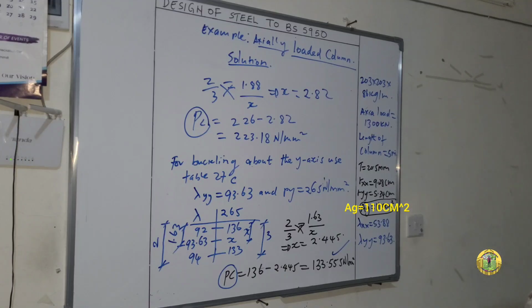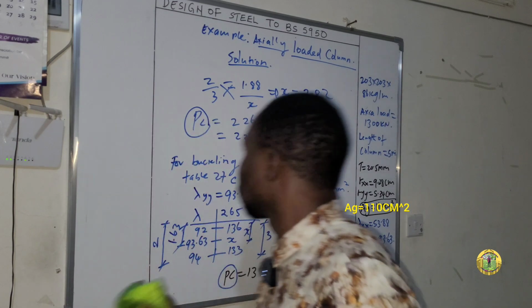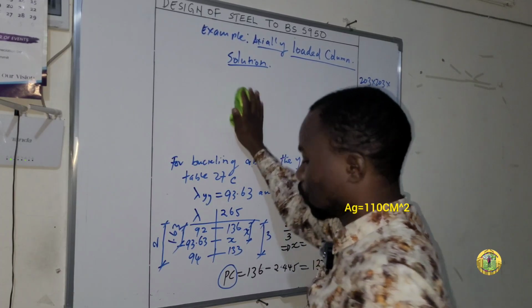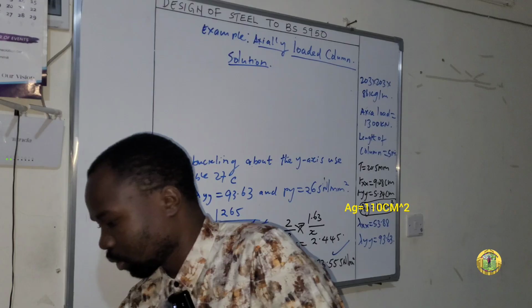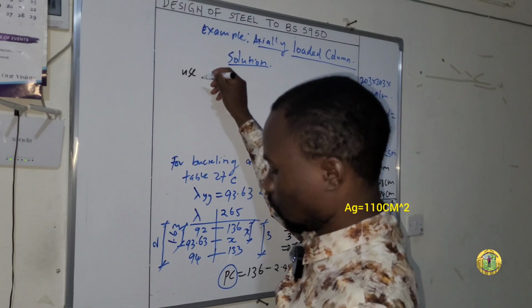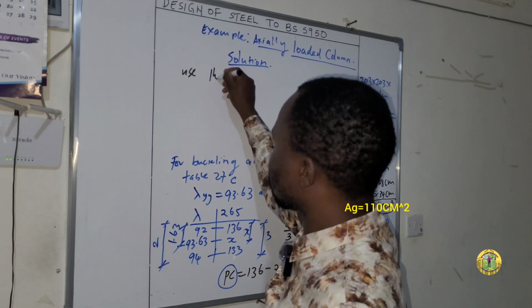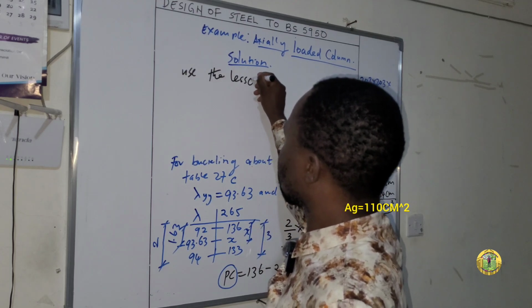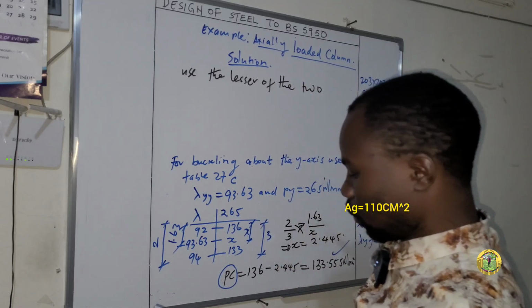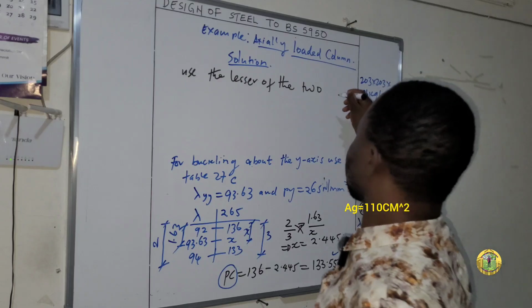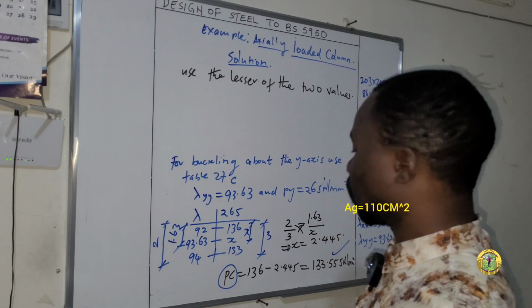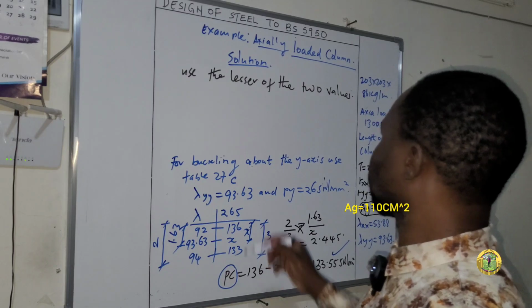So we will use the lesser of the two values, and this value is 133.